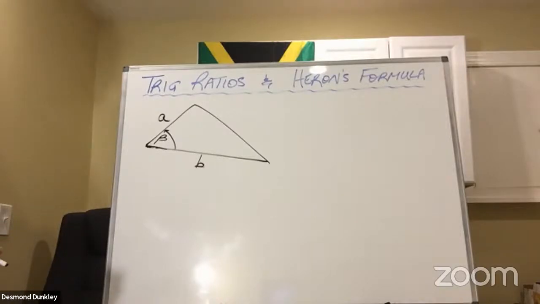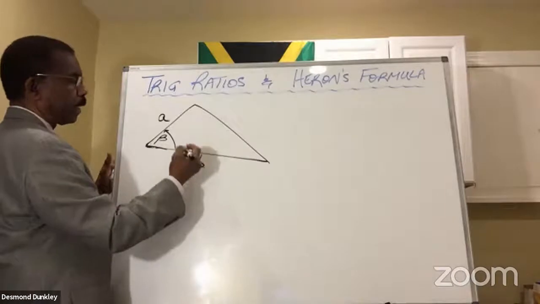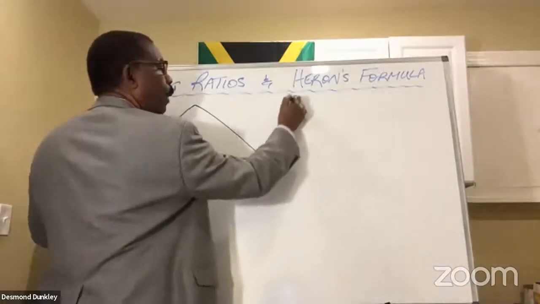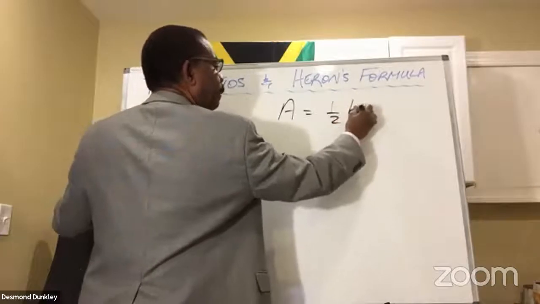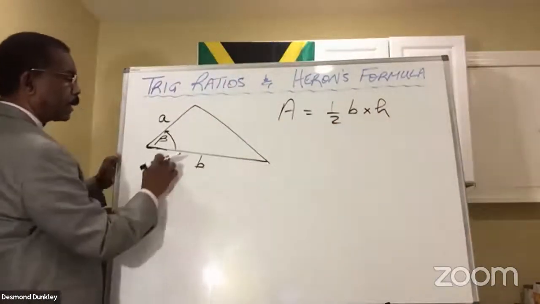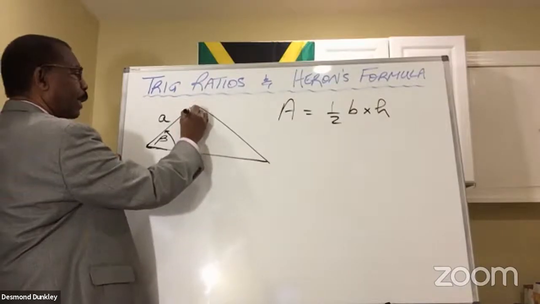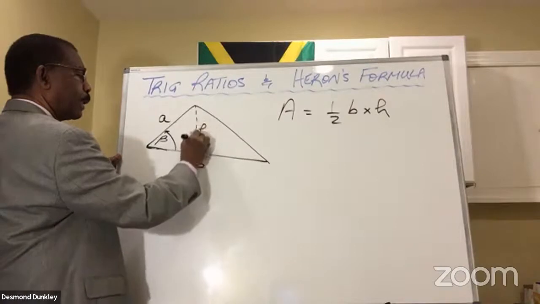beta. Now, we need to find the area, but let's use what we already know. We know that the area is equal to a half base times height. So let's use this as our base, and let's see what we can do with the height. Let's call this the height.